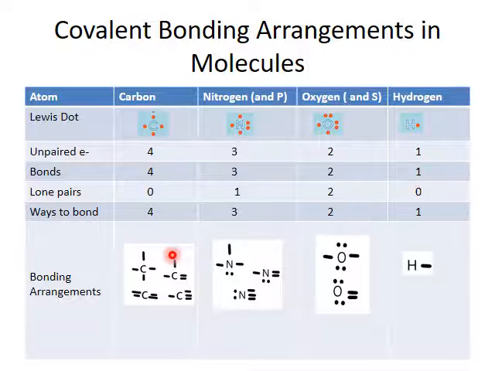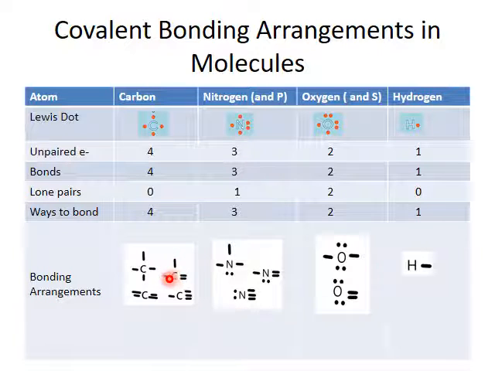What's interesting is that carbon has 4 ways of having bonds. It can have 4 single bonds, where each dot connects with another atom.